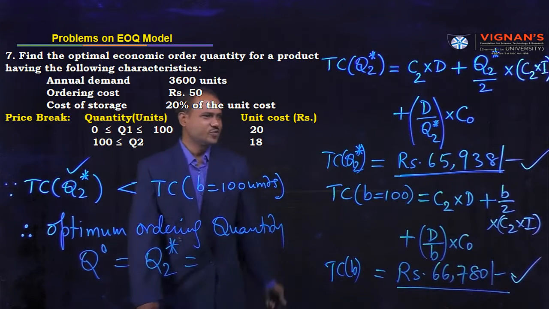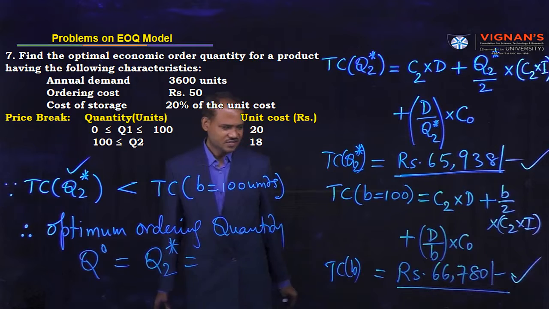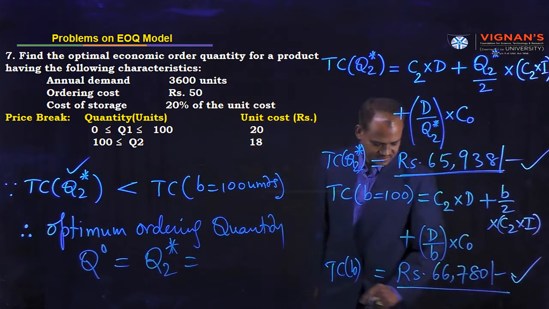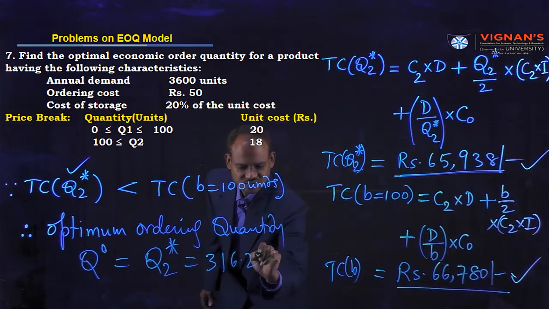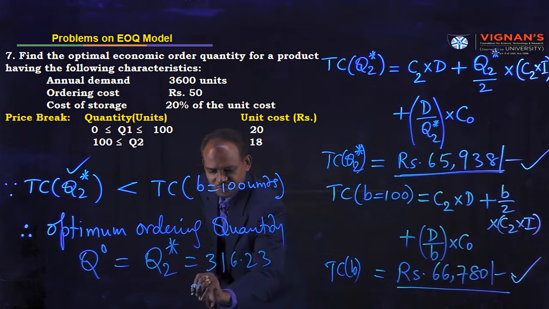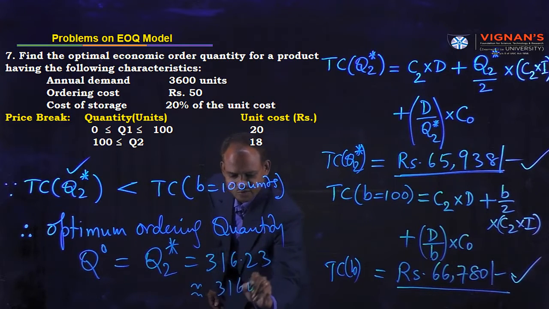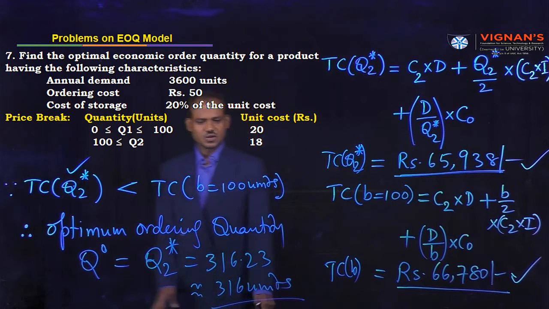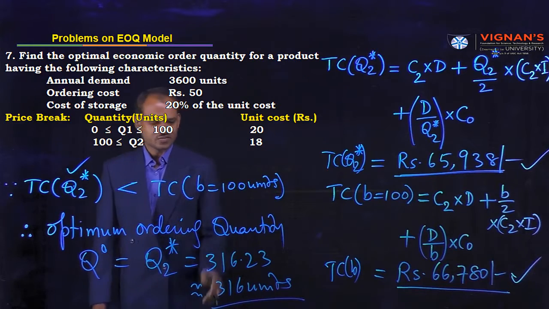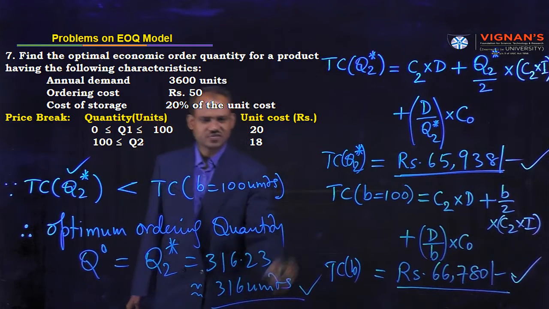What is the value of Q2 star? Already determined, that value is 316.23, approximately 316 units. This is the final answer. Therefore, optimum ordering quantity is equal to 316 units.